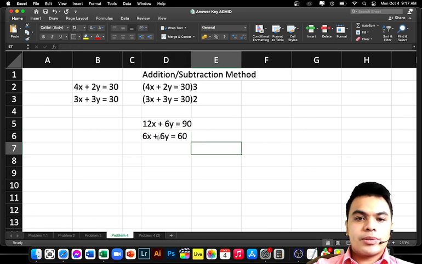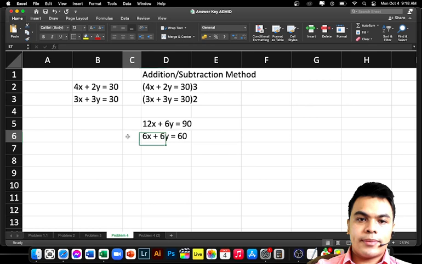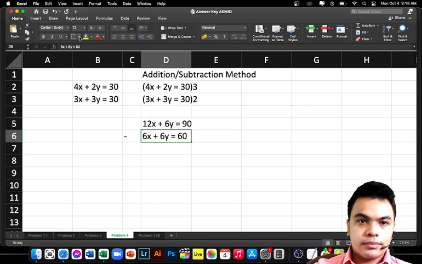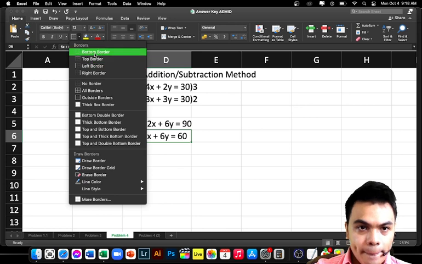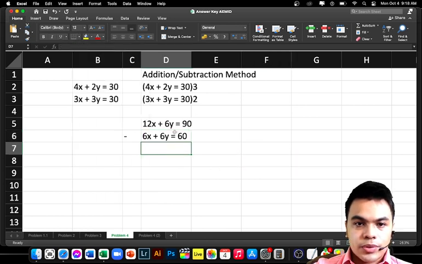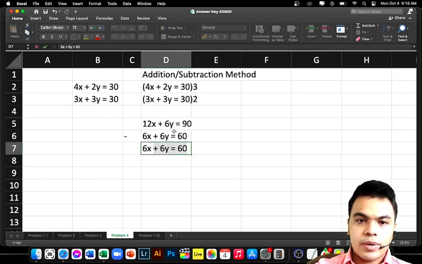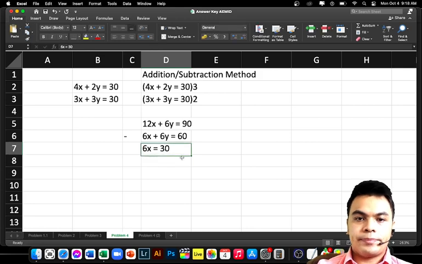Okay? So, let's eliminate na si 6 and 6 by subtracting. So, 12x minus 6x, that is 6x. 6y minus 6y, that is 0. 90 minus 60, that is 30.